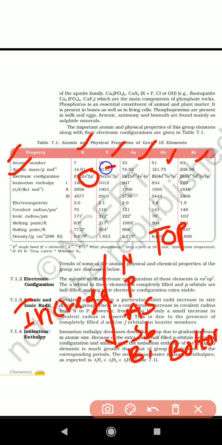Phosphorus also exhibits ns2 np3, and arsenic also shows ns2 np3. Antimony exhibits 4d10 5s2 5p3, and bismuth exhibits 4f14 5d10 6s2 6p3. So the outermost shell has 5 electrons, with 3 in the p orbital.